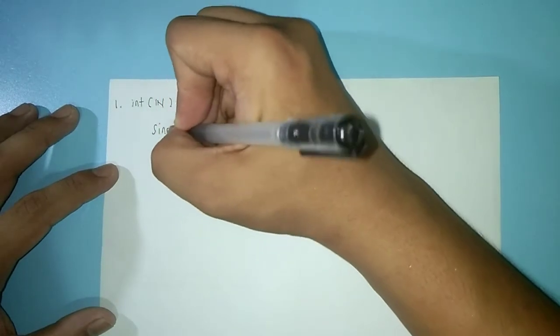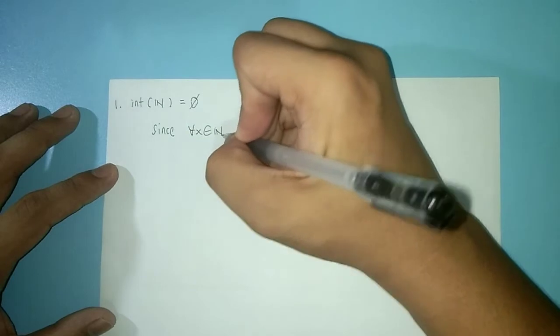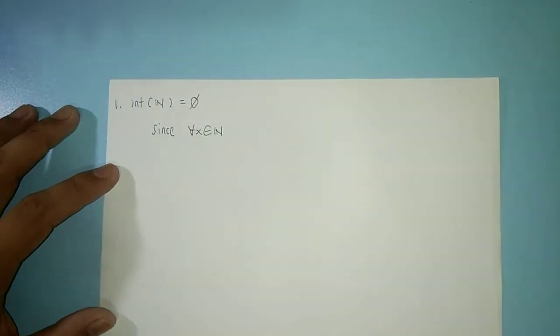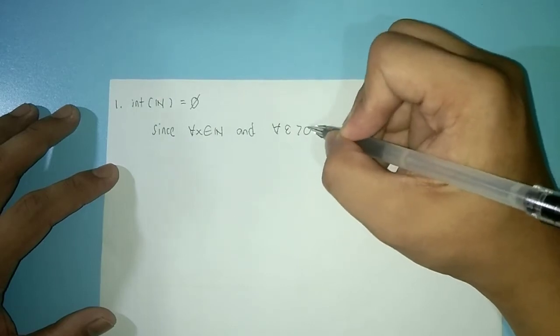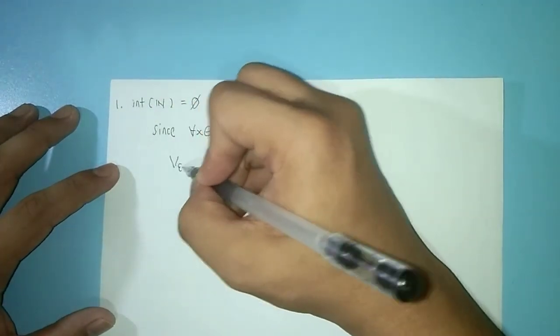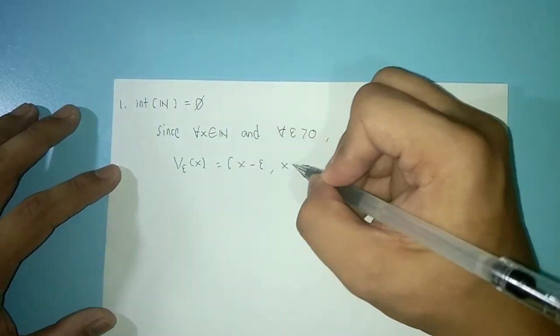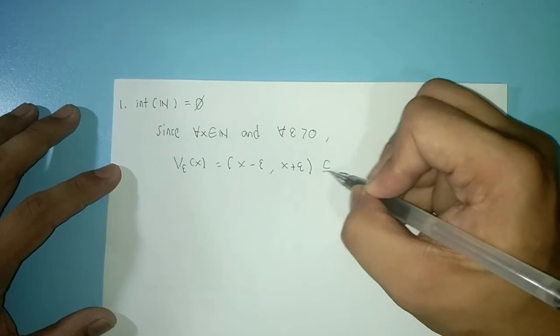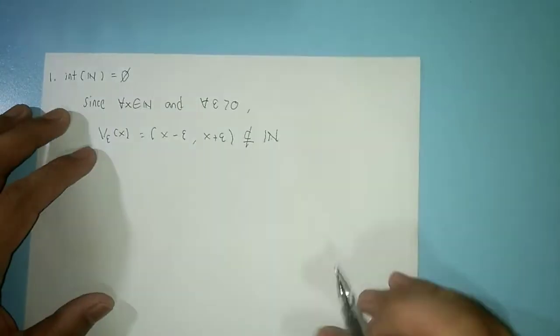So, since for any x element of the set of natural numbers and for any positive epsilon, kapag kinuha mo yung epsilon neighborhood ng x, which is equal to x minus epsilon comma x plus epsilon, hindi siya magiging subset ng set of natural numbers.